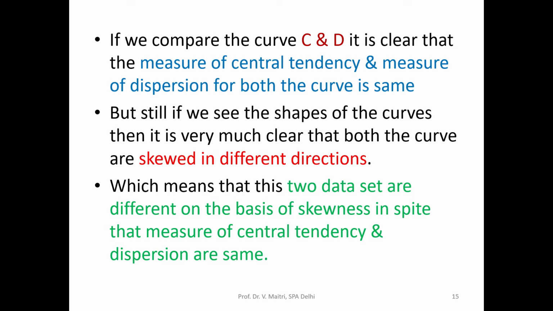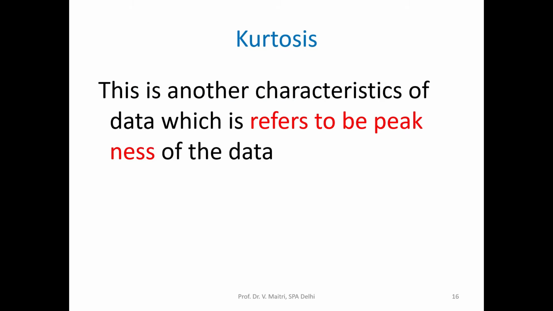So the center value is the same, dispersion is the same, but the direction in which the curve is skewed is different. So these two curves are different. We can't say these curves are the same.